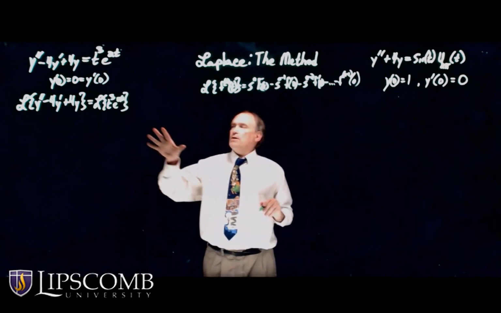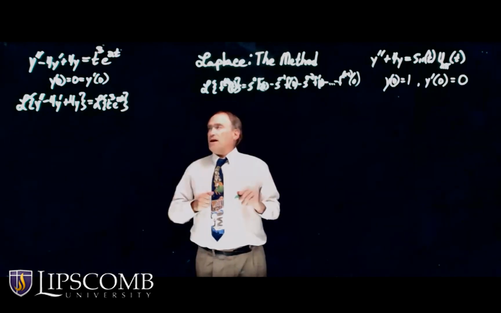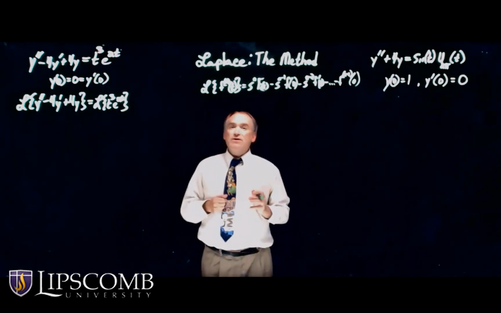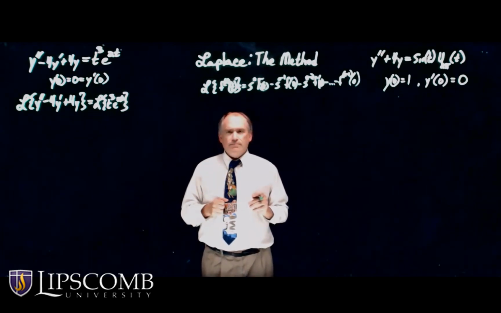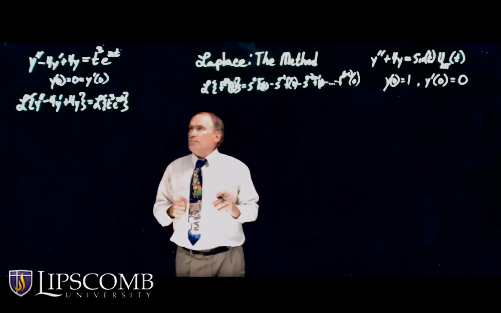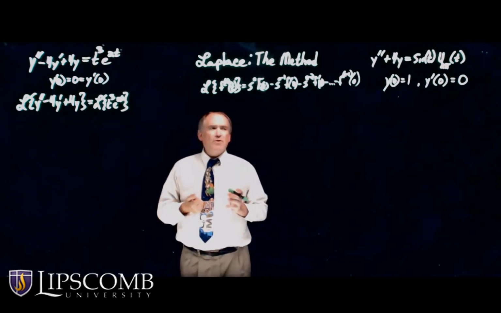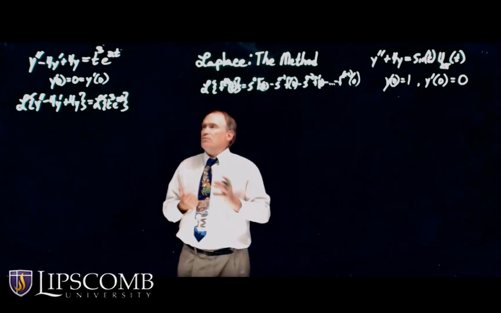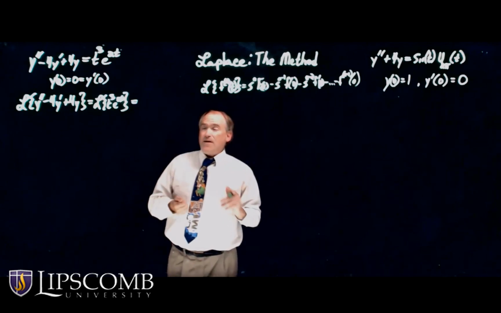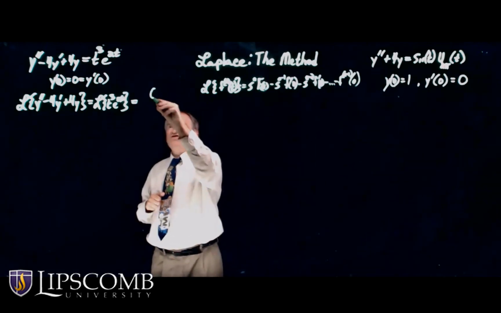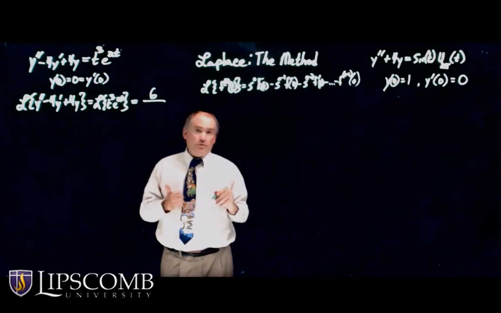Now, let's just go ahead and take the Laplace of this right-hand side. Now think about it. This is the first shifting theorem. So I'm going to take the Laplace of t cubed. Well, the Laplace of t cubed is 3 factorial, which is 6 over s to the 4th.